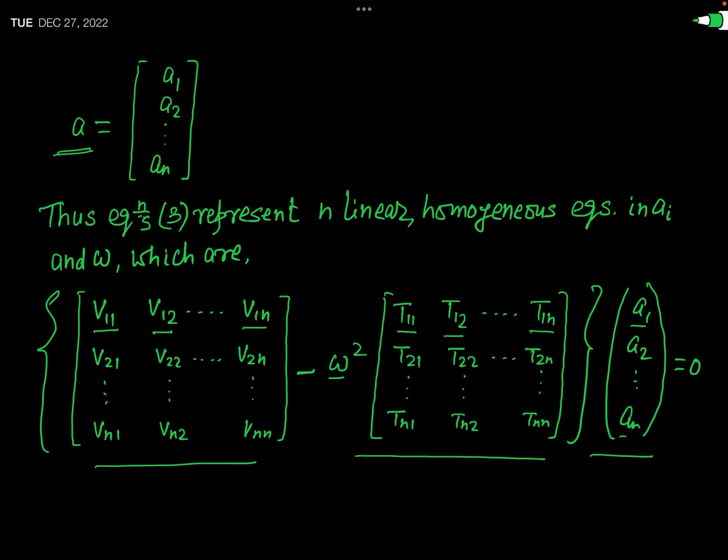In this way, you can write V21 minus omega square T21 operated on A1, plus, and similar terms you have to write.